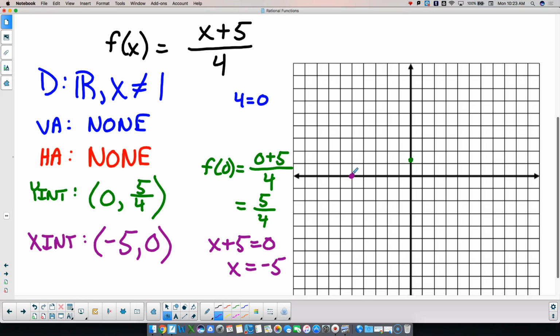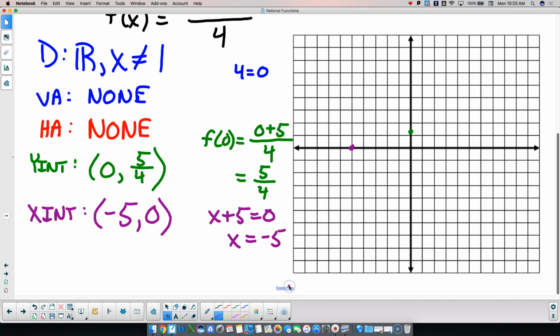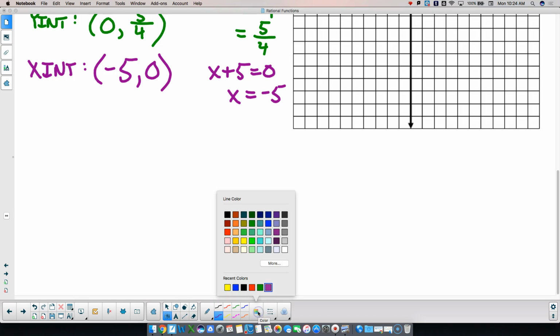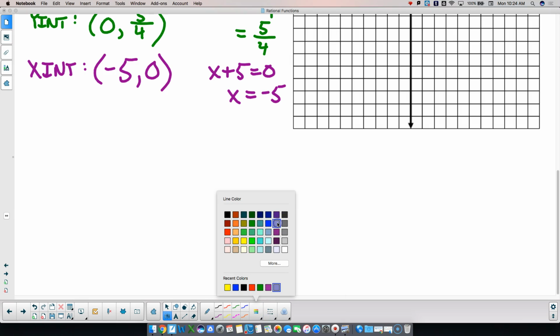Find the hole. How do I find the hole? Nope. Whatever I factored out, I set equal to 0. Oops, tap the brakes. I don't want that. I just want that. Okay.